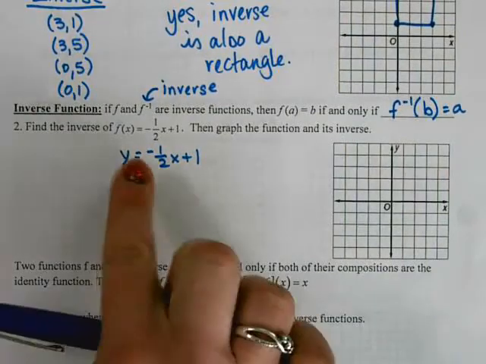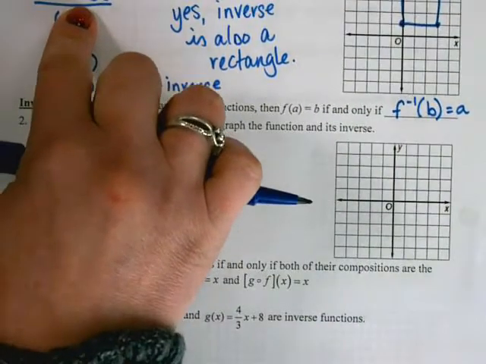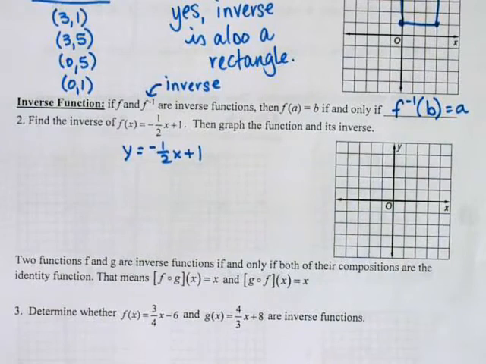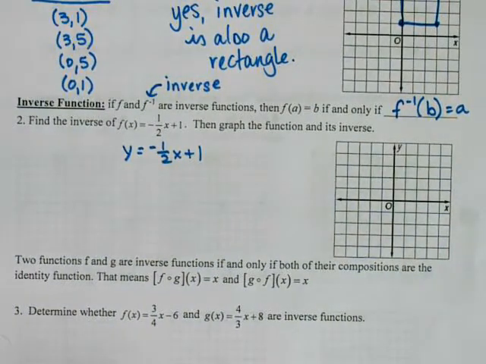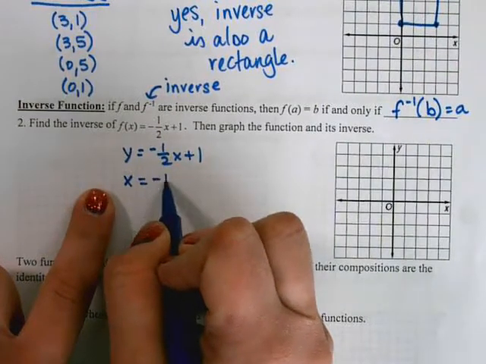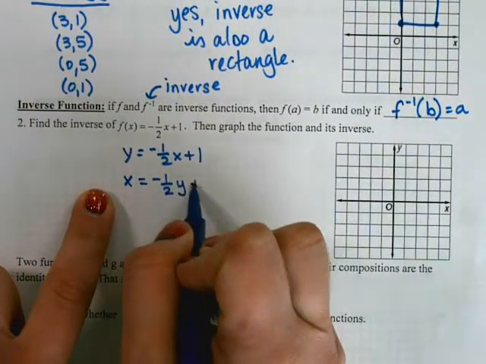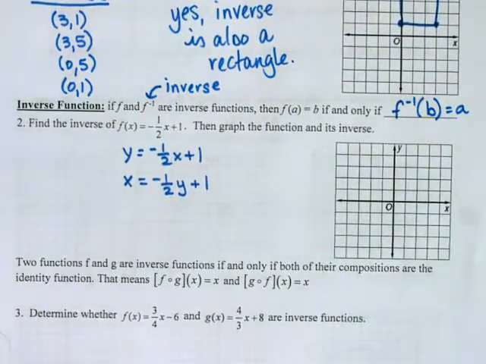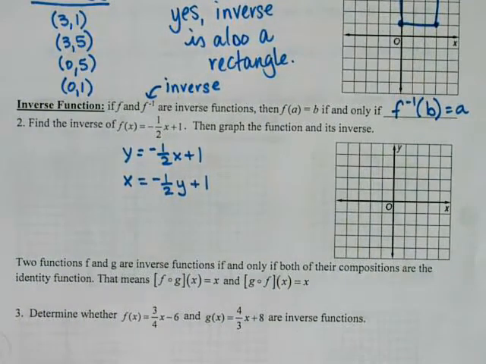Well, what did we do at the top to get the inverse? Switch the x and the y, right? We're going to do the same thing, but now we have a letter. So this is now x equals negative 1 half y plus 1. So I just switched the variables.